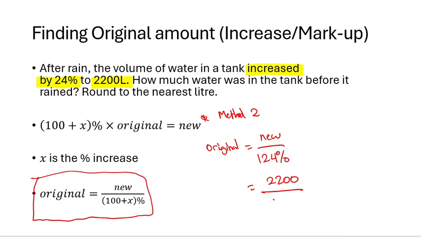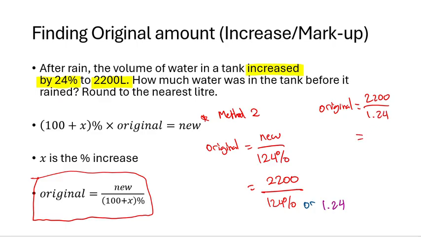And I'm going to divide this by 124%, or you could write this as 1.24. It doesn't matter. So original equals 2200 over 1.24, it still works.